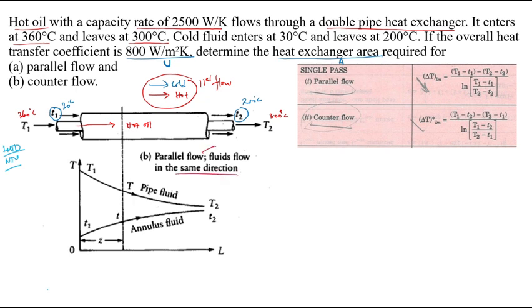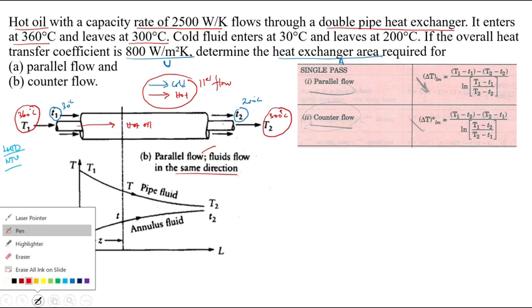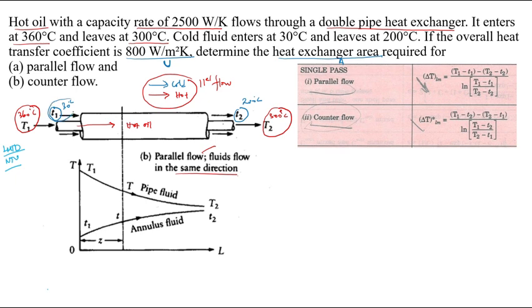Here the hot fluid entry temperature T1 is 360 degrees Celsius, and the exit temperature of the hot fluid is 300 degrees Celsius. Then the cold fluid entry temperature is 30 degrees Celsius, and it leaves at 200 degrees Celsius. For convenience we note that for the cold fluid t1 is 30 degrees Celsius and t2 is 200 degrees Celsius.